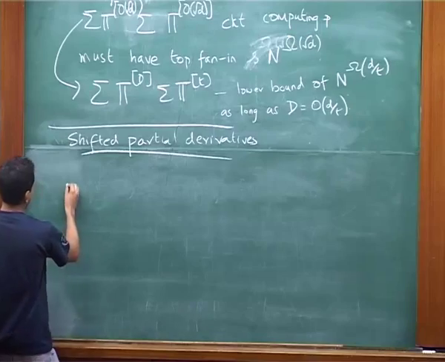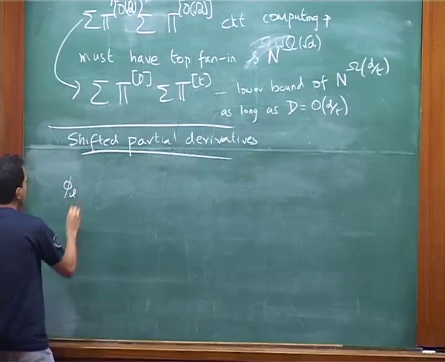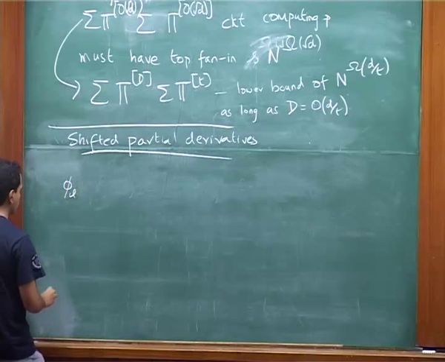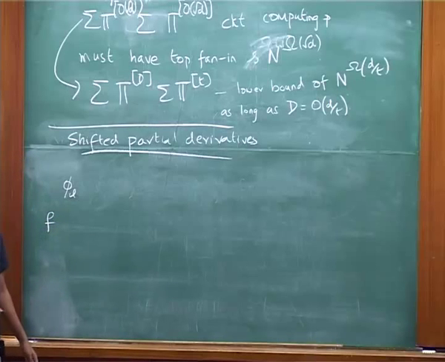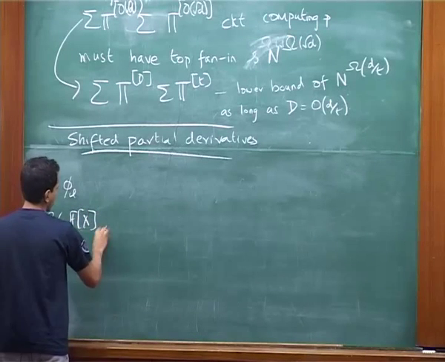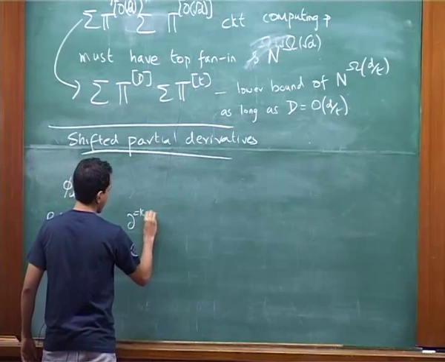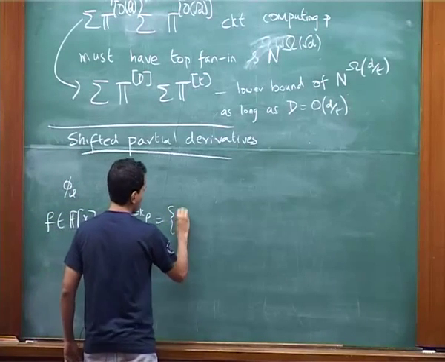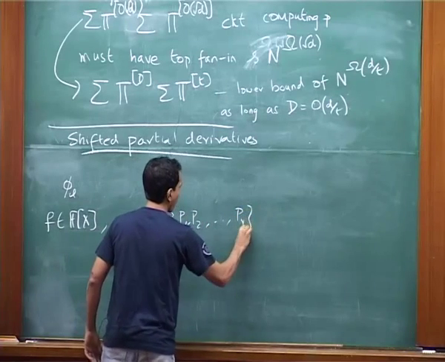Just to recall how this goes, Neeraj in his survey defined this nice linear map that he called phi sub L. Let me redefine it here to recall. Suppose you have this polynomial f that you're trying to prove lower bounds for. You look at the partial derivatives of f of certain degree, say the set of polynomials p1, p2 to pr.